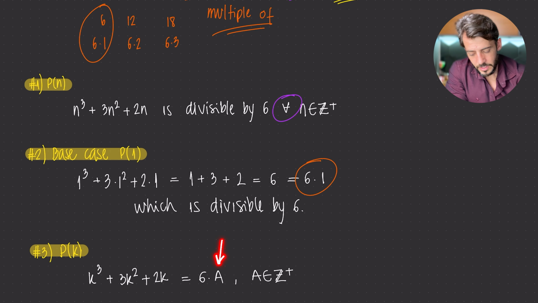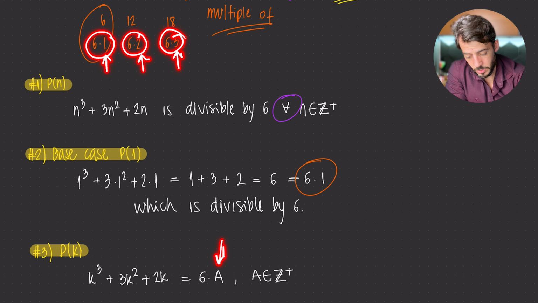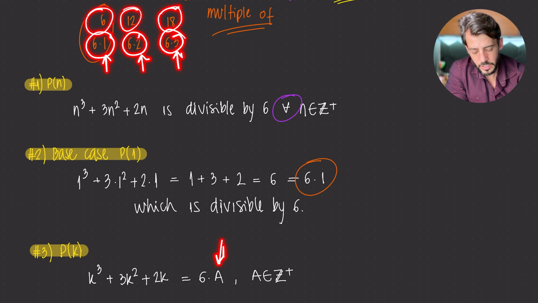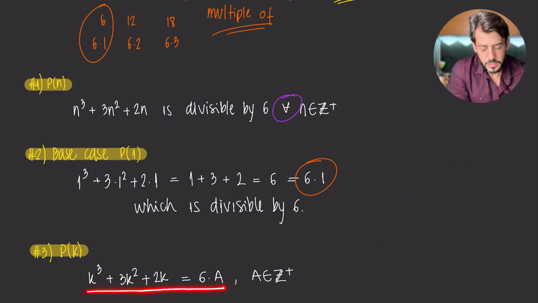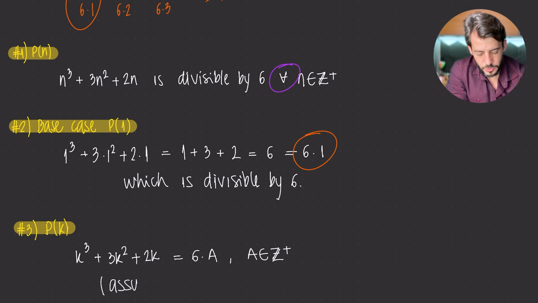Now remember, a being 1, 2, 3, or any positive integer, when multiplied by 6 gives us a number which is a multiple of 6, which is also divisible by 6. Therefore, if we can represent k cubed plus 3k squared plus 2k as 6 times a, then we're proving that this number right here is divisible by 6. Don't forget to write that you're assuming that this is true for some positive integer k.